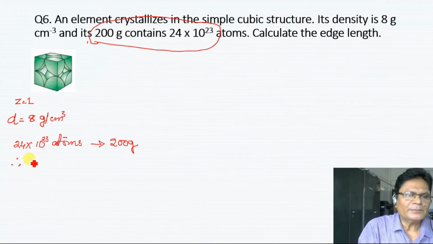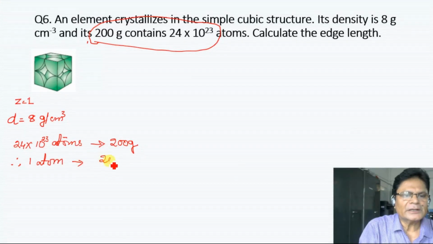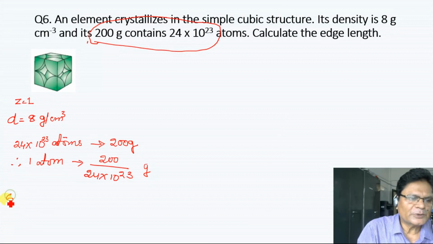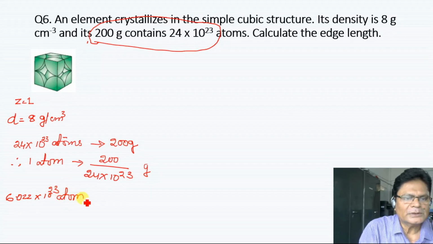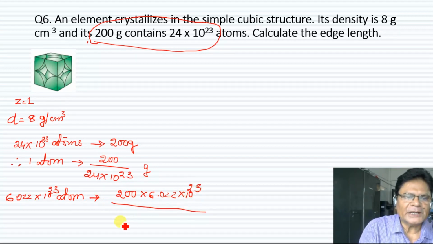Therefore, one atom will weigh how many grams? 200 divided by 24 into 10 to the power 23 grams, and therefore 6.022 into 10 to the power 23 atoms, that is 1 mole, will weigh 200 into 6.022 into 10 to the power 23 divided by 24 into 10 to the power 23.